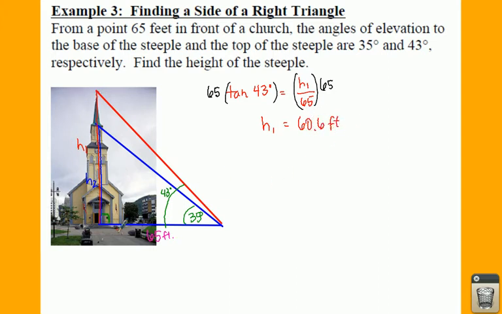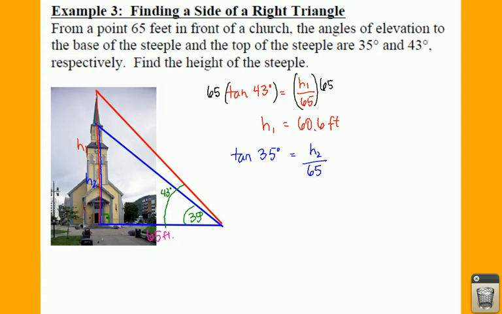So that's the height of the big triangle. Now we need to find the height of our smaller triangle. In this case we have a 35 degree angle, our opposite side and our adjacent side. So once again we're going to use the tangent of 35 degrees is equal to H sub 2 over 65.